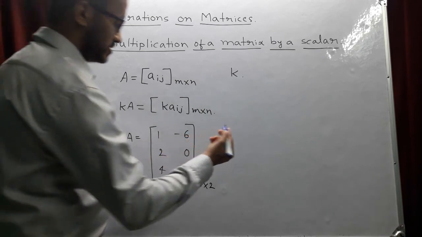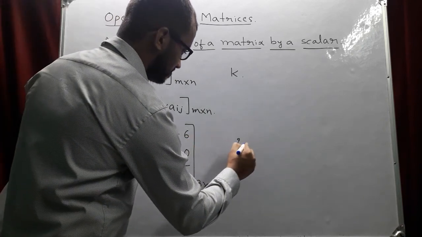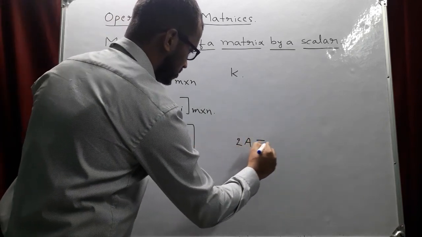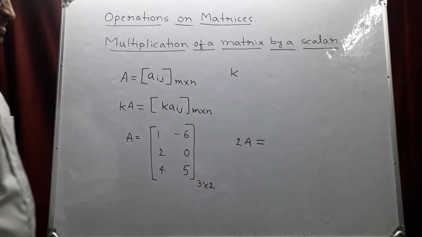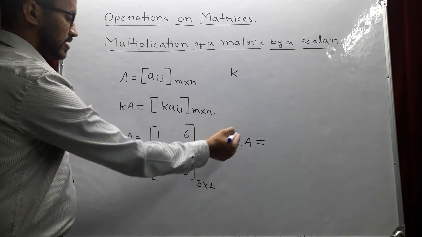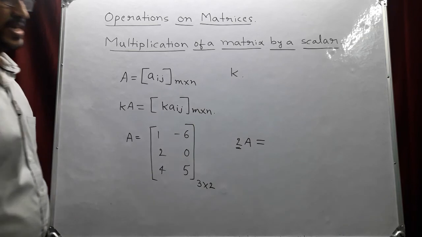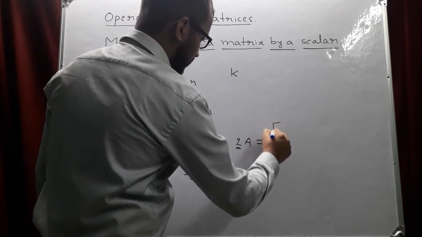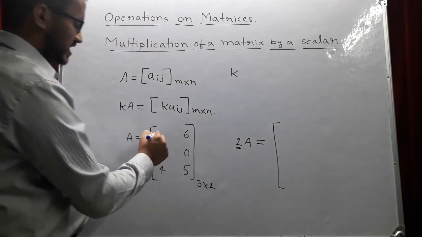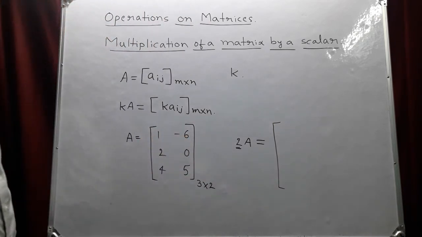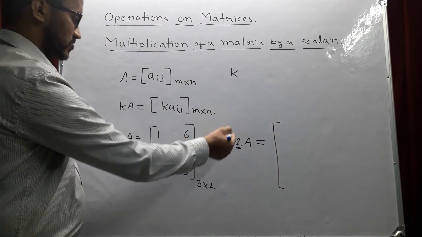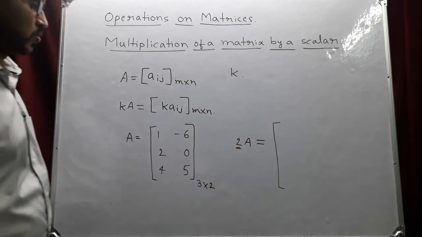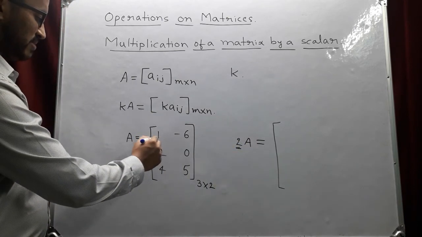Then consider the matrix 2A. 2A means we are multiplying the matrix A by the scalar quantity 2. Here what we have to do? We have to multiply each element of the matrix by the scalar quantity. Yes, the scalar quantity is 2. So multiply each element by 2.